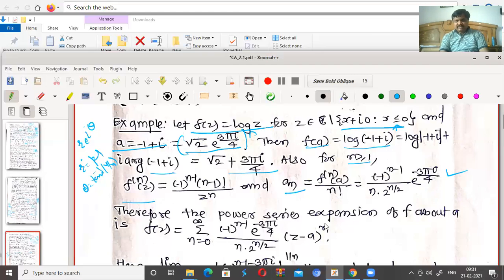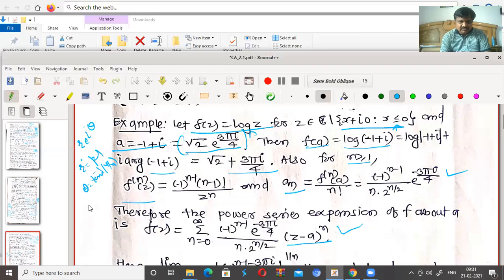Therefore, the power series expansion of f about a is f of z equal to the summation from n equal to 0 to infinity of minus 1 raised to n minus 1 e to the power minus 3 pi i n by 4, upon n into 2 to the power n by 2, into z minus a to the power n. Actually, z raised to n means a raised to n.